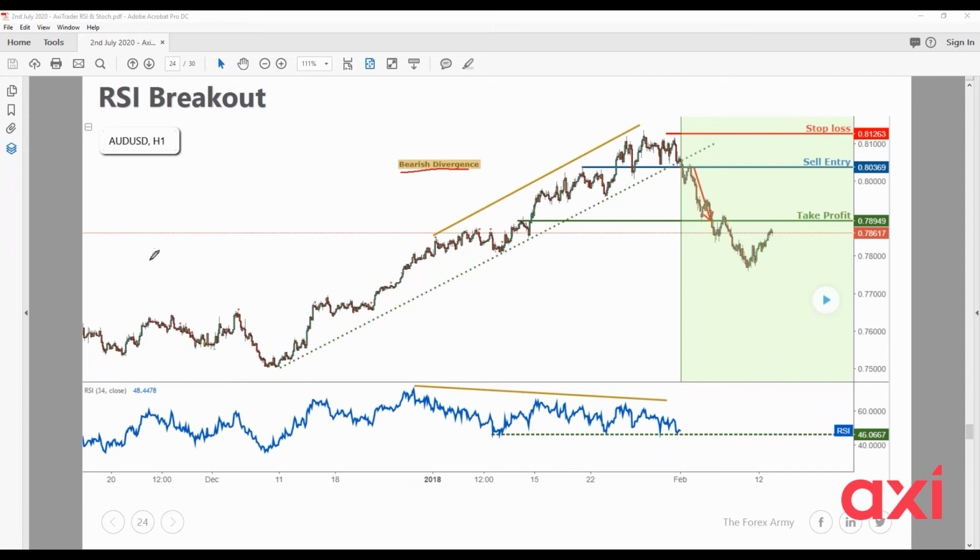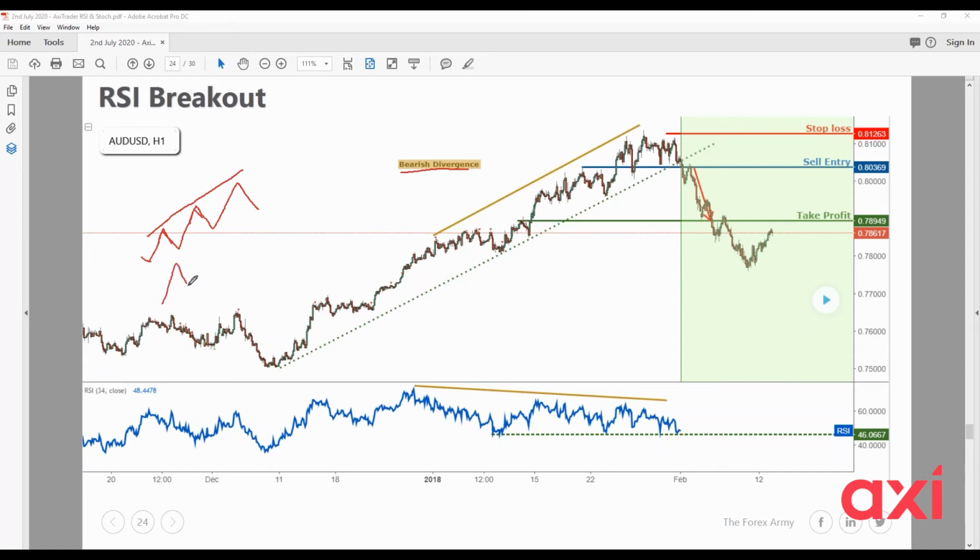Now, what exactly is bearish divergence? Imagine this is price, right? Price is going up, and it's going up, and it's going up, right? So this is the highest of price, okay? And what is happening to maybe RSI? You can see that this is going upwards, correct?